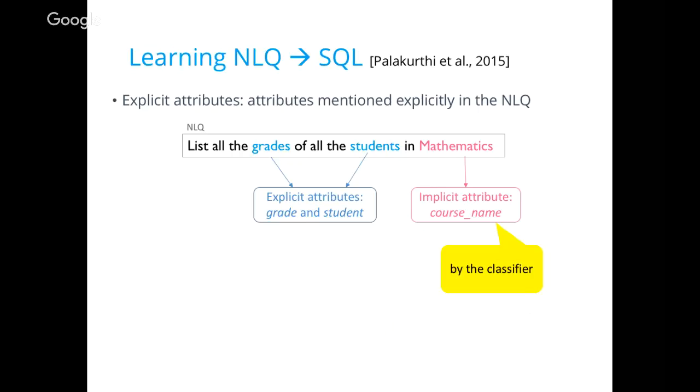Those are called explicit attributes. Then at classification time, you try to classify the implicit attributes, actually the values, to their corresponding attribute. It is referred to as an implicit attribute here. This is actually classified by some third-party classifier, not the classifier for classifying the type of clause.